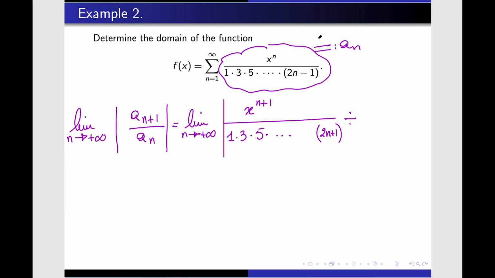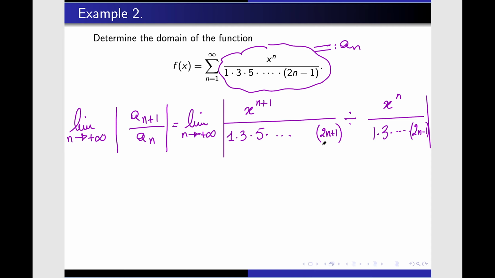And then I'm going to divide by an. And what's an? It's x to the n divided by 1 times 3 times all the way to 2n minus 1. And don't forget the absolute value.